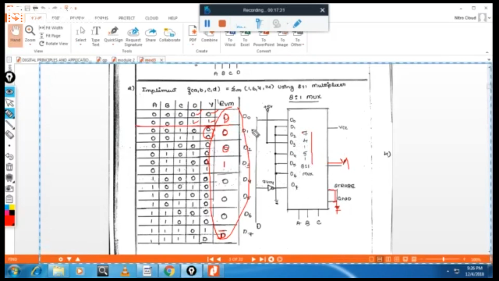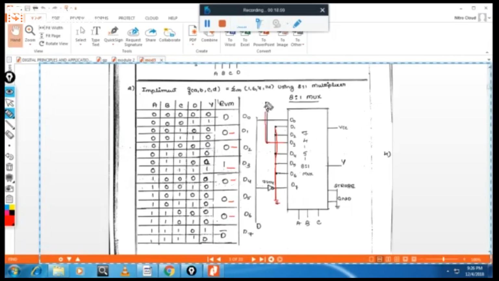So you see here, D1 is 0, D2 is 0, D4 is 0, D5 is 0, D6 is 0. So all those terms which are 0 you connect to ground. Which is the one term? D3.